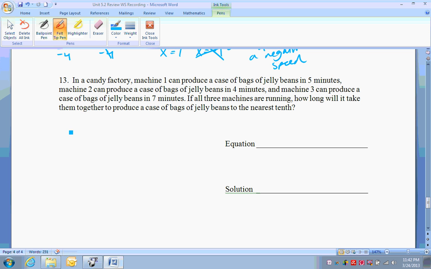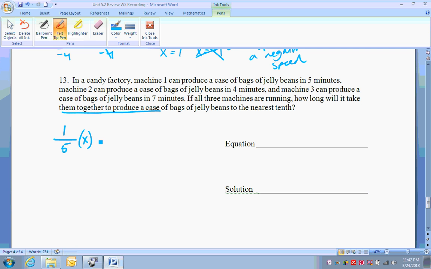Well, remember, in these job problems, we always put 1 over an individual's time, so we'll consider machine 1 an individual. So 1 over 5 times the total time it would take them, which we are looking for. That's what they want, the time together.